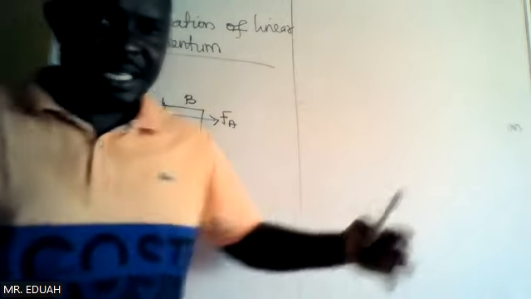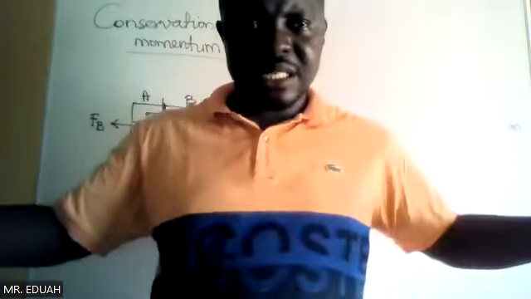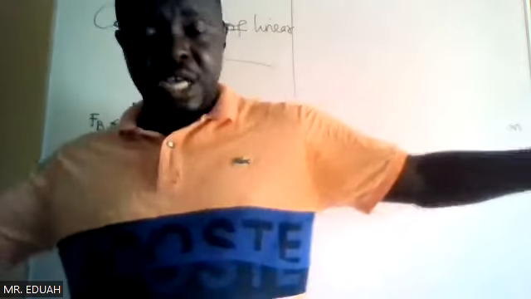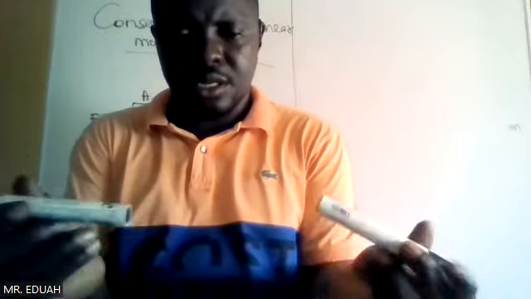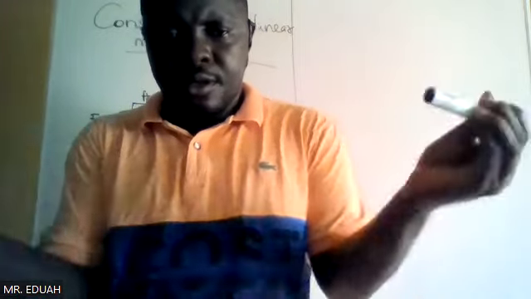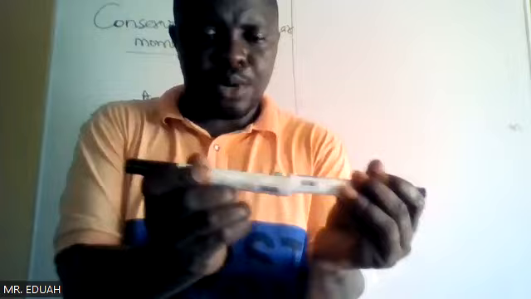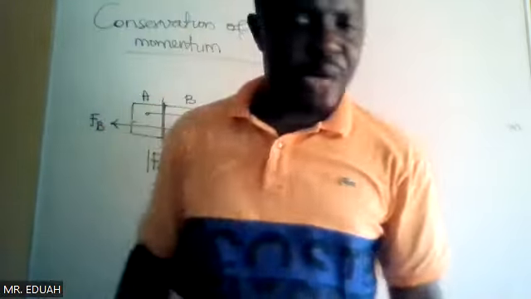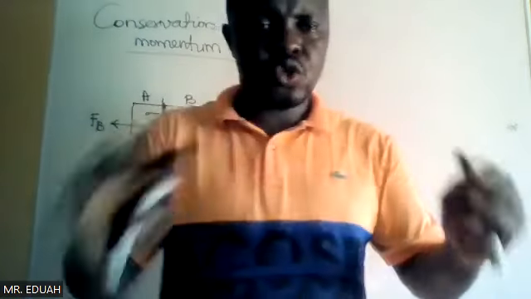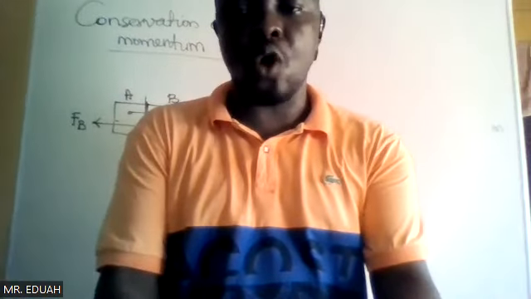So this is similar to a situation where two cars are in a head-on collision. In a head-on collision, one body exerts a force and the other exerts a force. We are looking at the two forces to have equal magnitude.